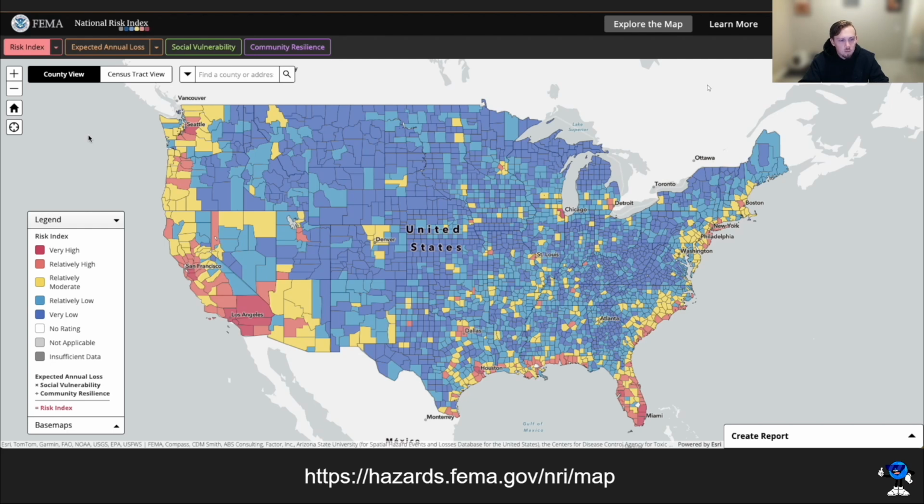A community's resilience score measures its national rank and is inversely proportional to a community's risk. A higher community resilience score results in a lower risk index score.